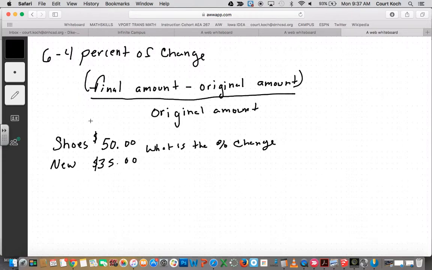So taking this example here, if we take a pair of shoes that was $50 and now is $35, I can substitute these values in and create a problem to solve. The shoes in this example were $50. That becomes the original. So I'm going to subtract $50 from the final amount. The new price, or the final price of these shoes when I see them on the shelf today, is $35.